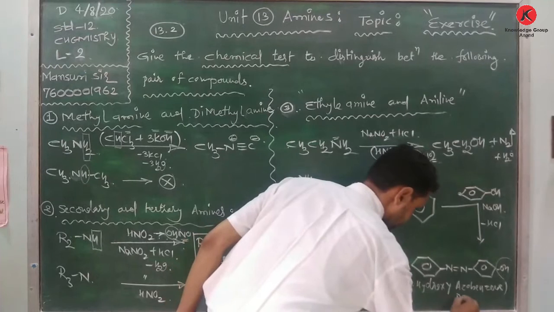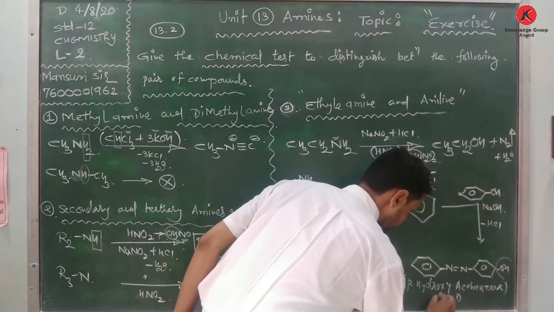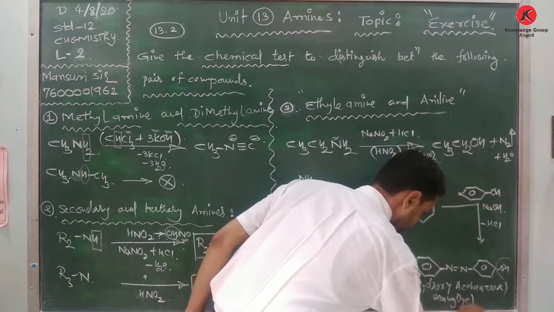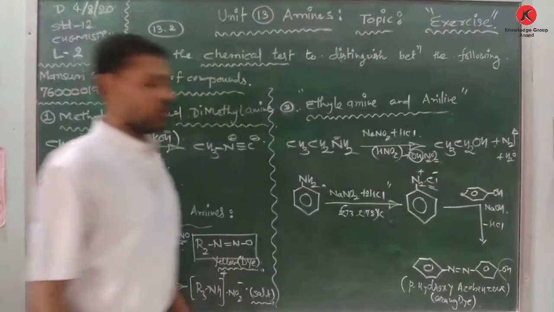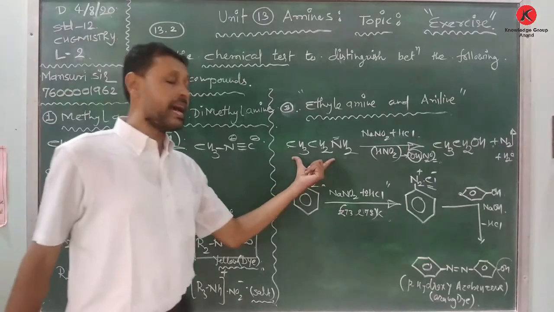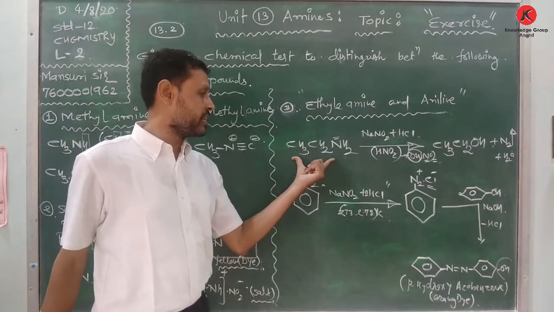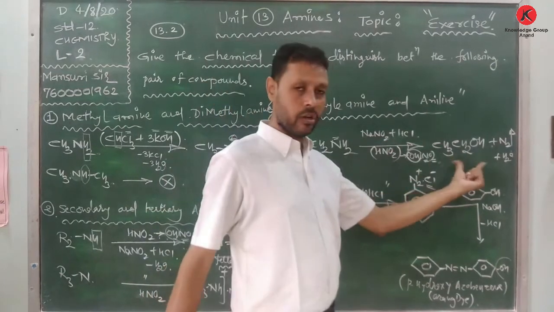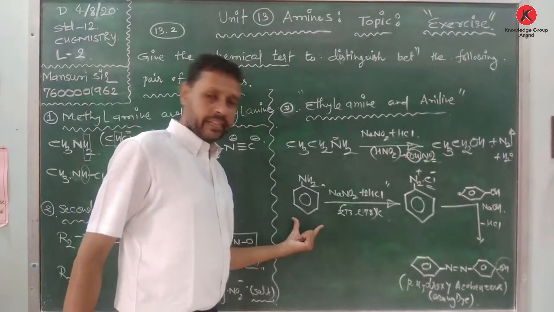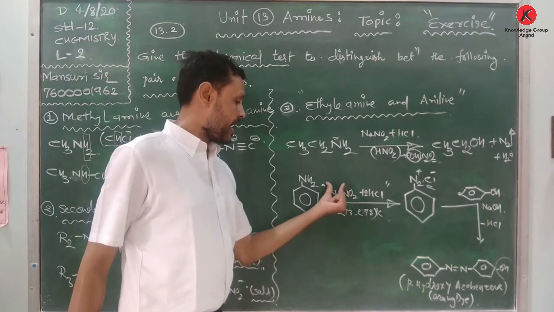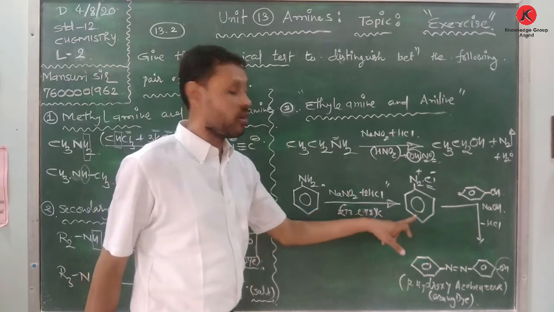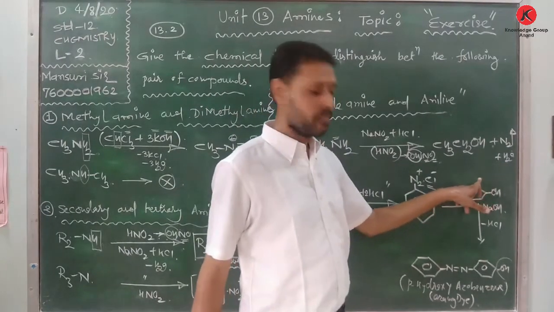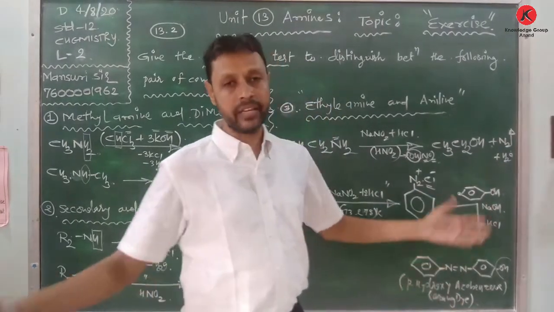This is an orange dye. So we can say that when an aliphatic amine like ethylamine reacts with NaNO2 plus HCl, it forms ethanol. But aniline, when it reacts with NaNO2 plus HCl, first forms benzene diazonium chloride, and thereafter reaction with phenol forms an orange dye. Okay.